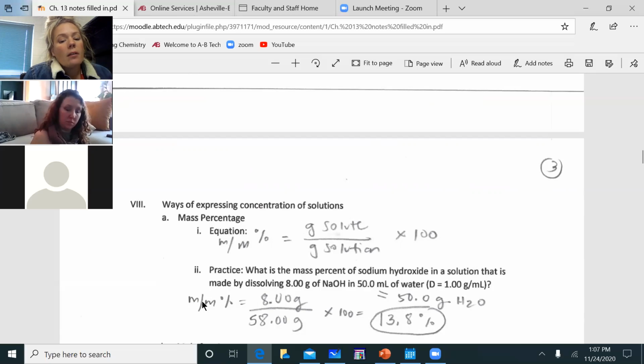If I want to calculate the mass percent, what I don't want you to do is take 8 and divide it by 50, because you would be taking the solute and just dividing it by the mass of the solvent, when in reality we want the bottom component to be the full solution. So we need to take our solute, add it to our solvent, the salt plus the water, which gives us a total of 58 grams. That's why that number 58 is down there. So 8 grams divided by 58 times 100, and in this case it would be 13.8%. If you didn't add the 8 down here, you would be overcompensating for how much salt there actually is in solution.